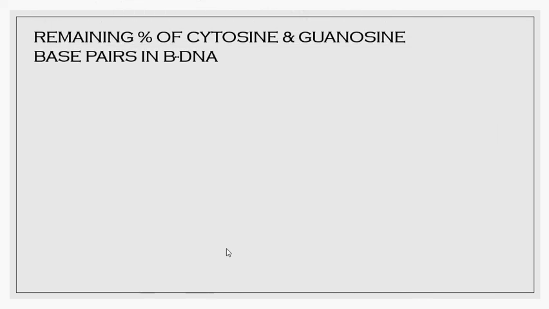Similarly, the remaining percent of cytosine and guanine base pairs in B-DNA is equal to 15%.